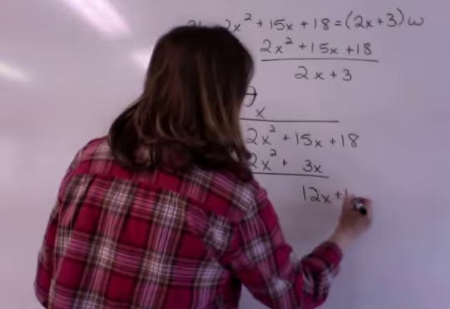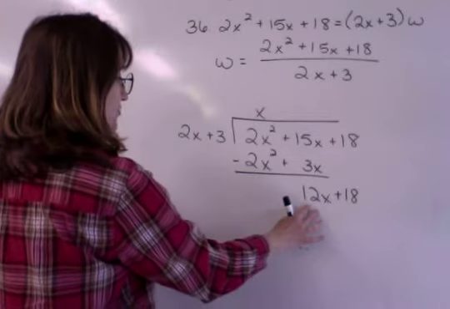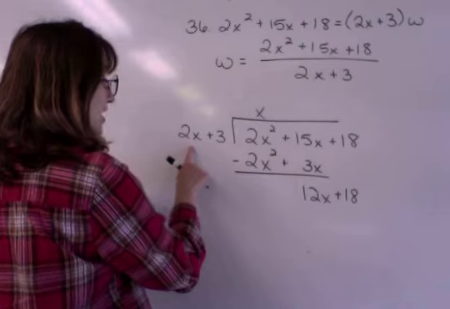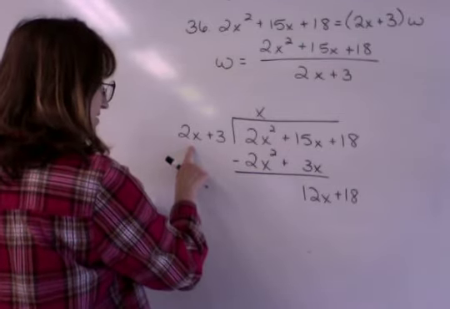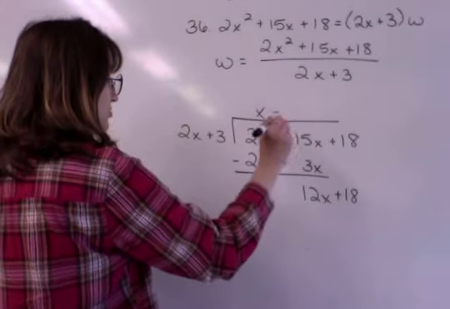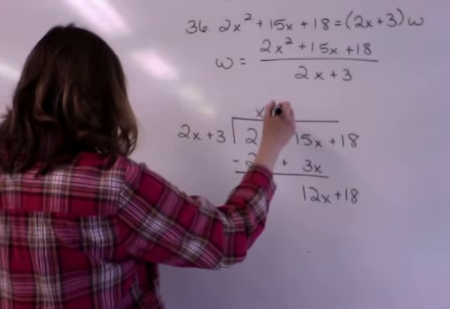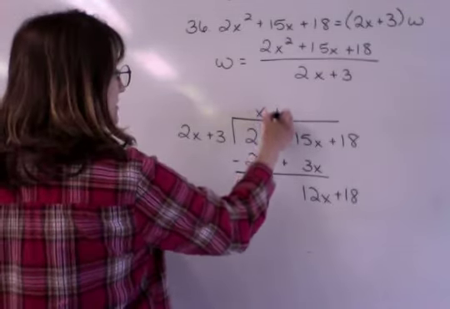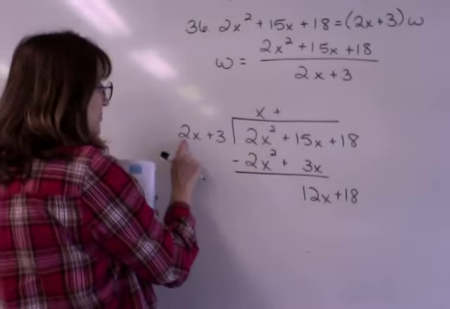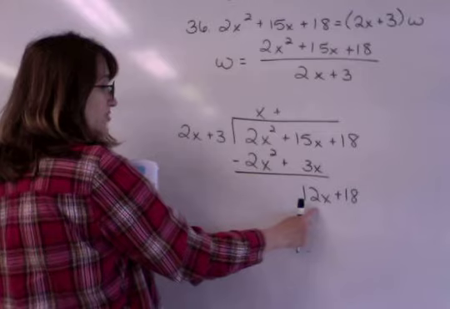Drop down the 18. I concentrate on the 12x. What would I multiply to the 2x in order to get the 12x? Don't need a square here, so I'm not going to multiply a x. I just need to look at the numbers. What would I multiply to the 2 in order to get that 12?